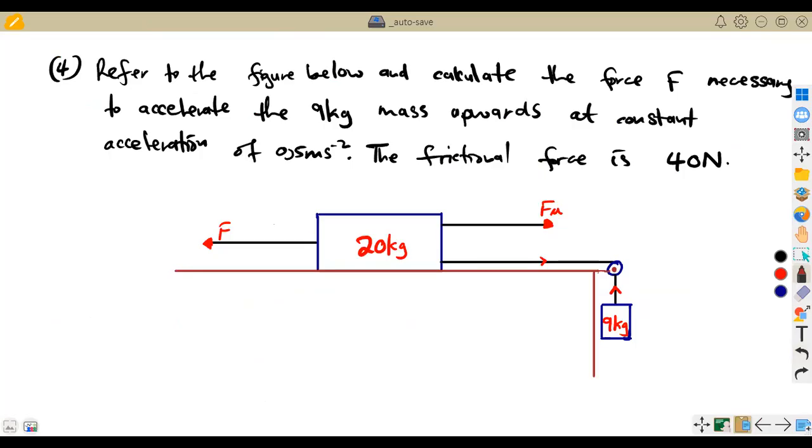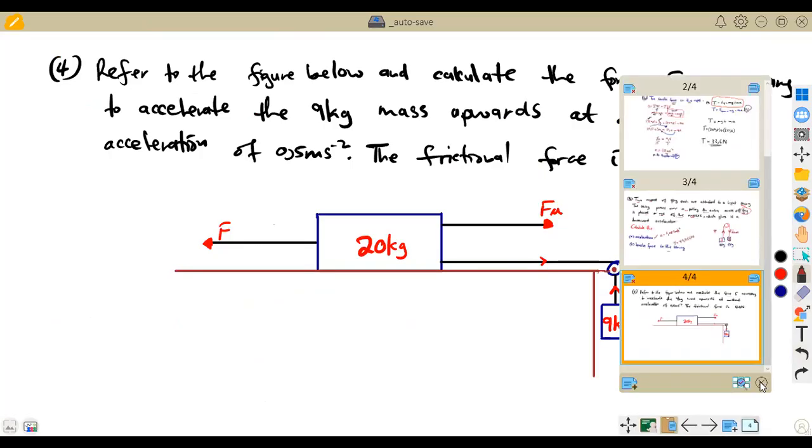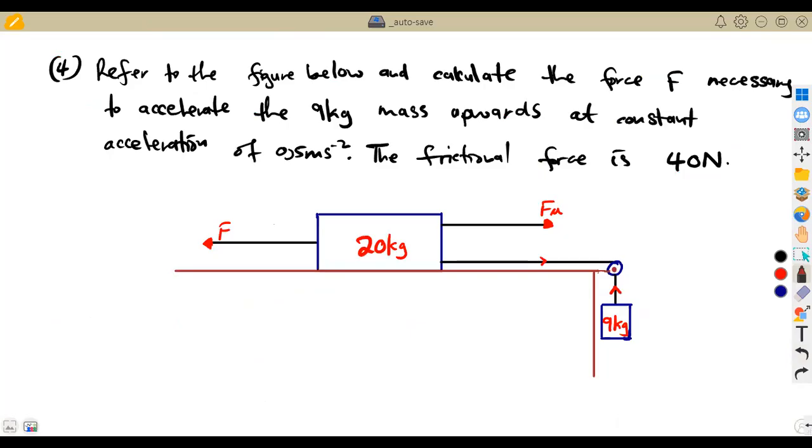Let's consider this one. It's different from what we had in these other two questions. They're asking us to refer to this diagram, the figure that we have there, and calculate the force F necessary to accelerate the 9 kg mass upwards.